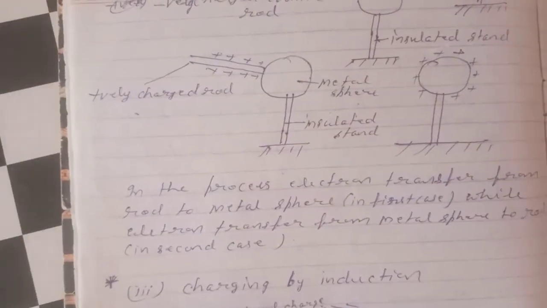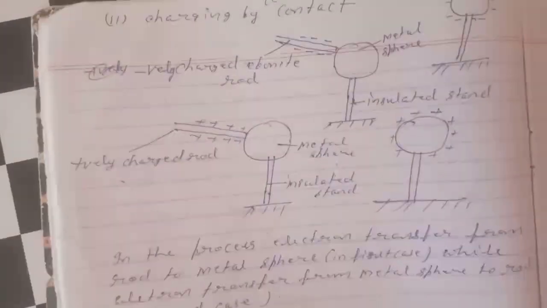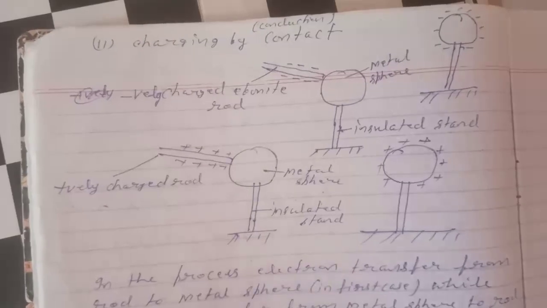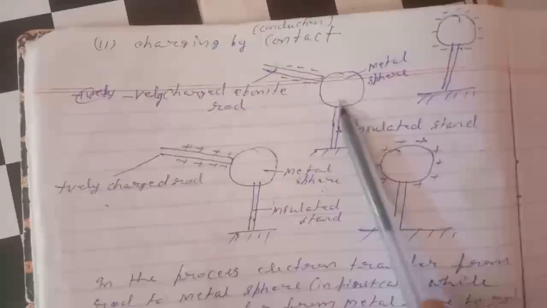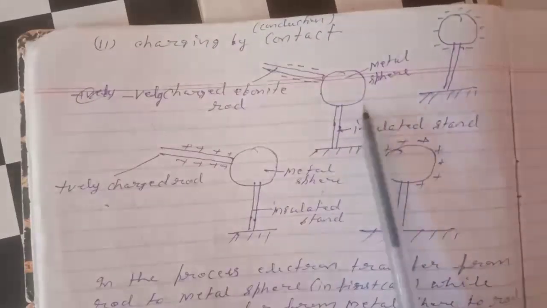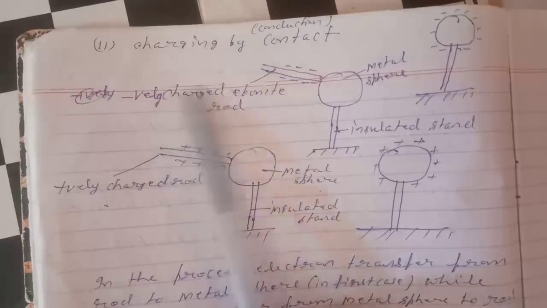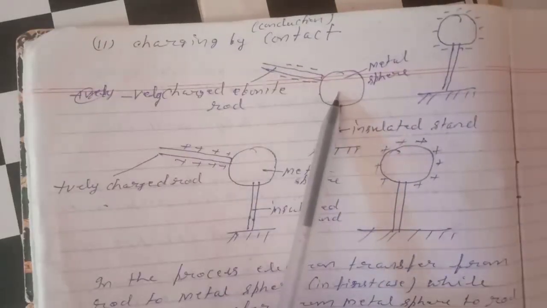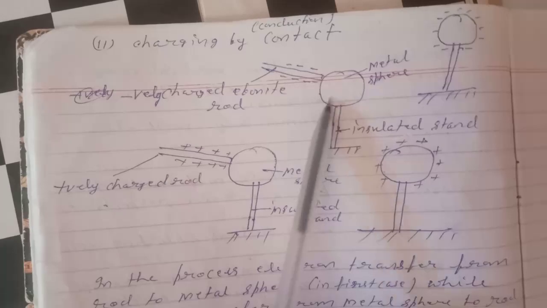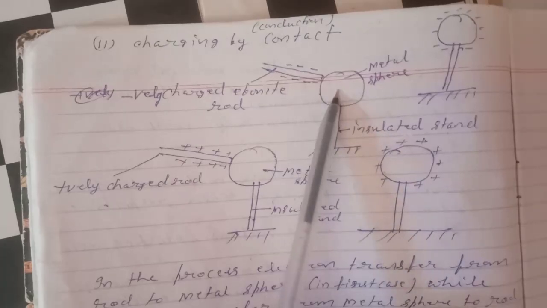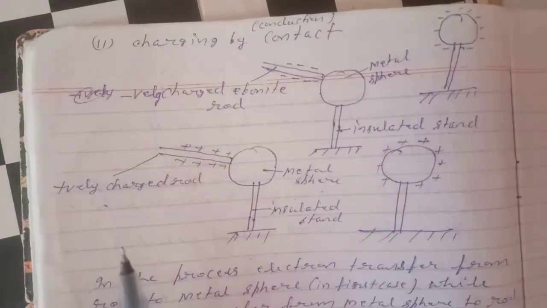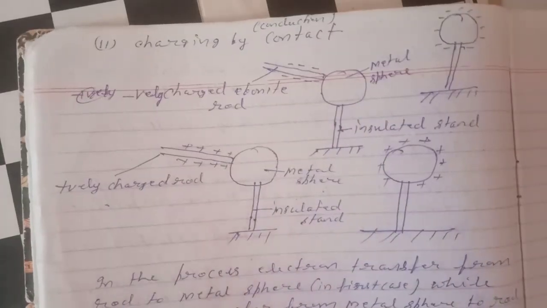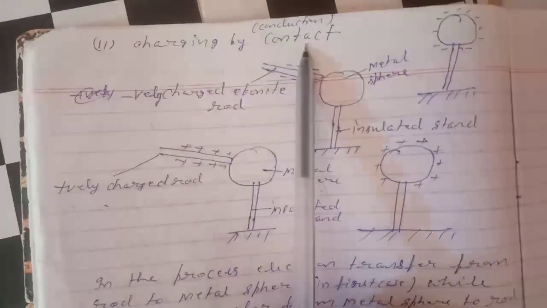Next, charging by conduction or contact. In this case, we take a body on an insulated stand, and a charged body is brought near the metal sphere and touched to it. This is charging by contact or conduction.